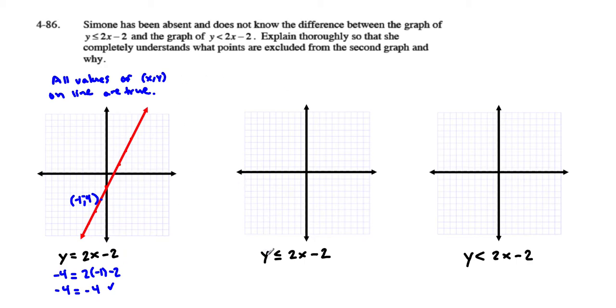Now, when we do y is less than or equal to 2x minus 2, we should end up with the line in the exact same location. So we've got our -2, let's go back 1, down 2.